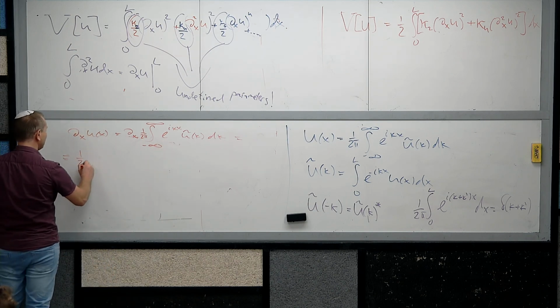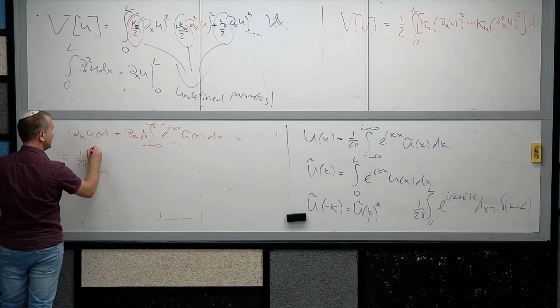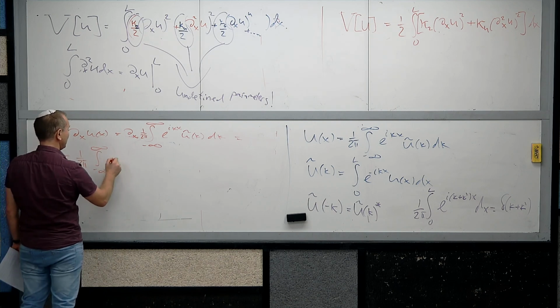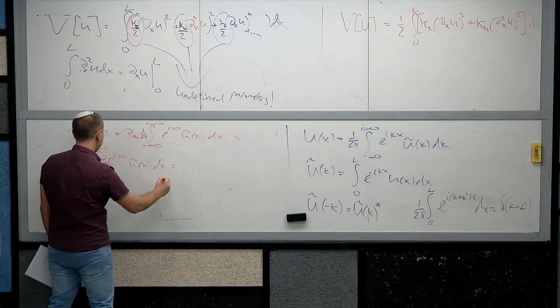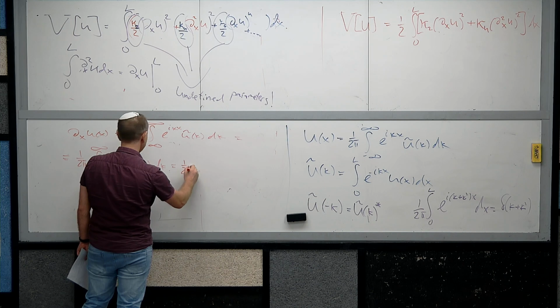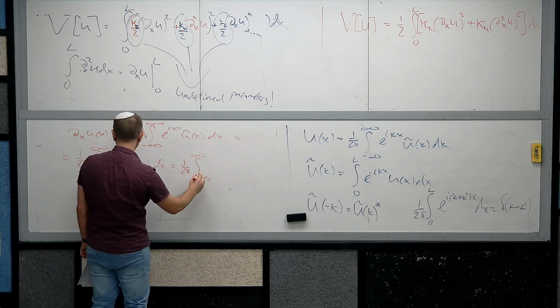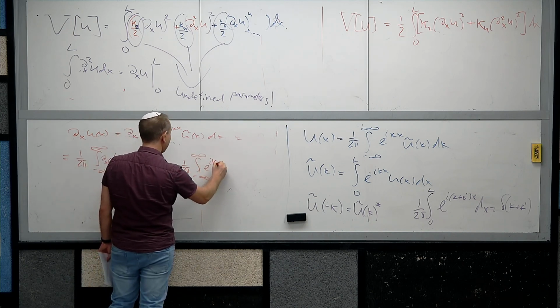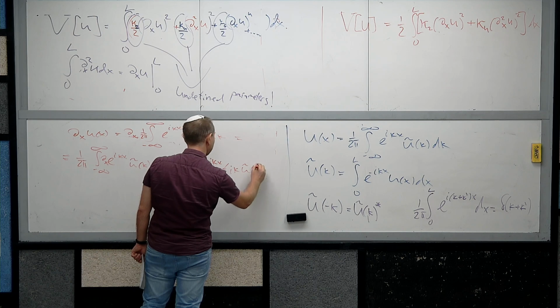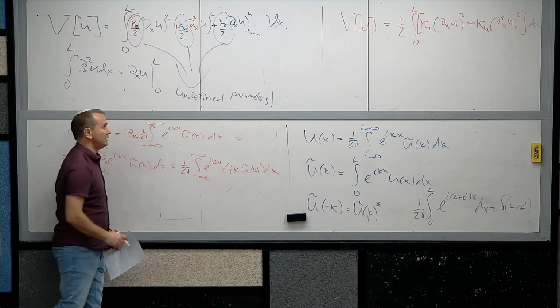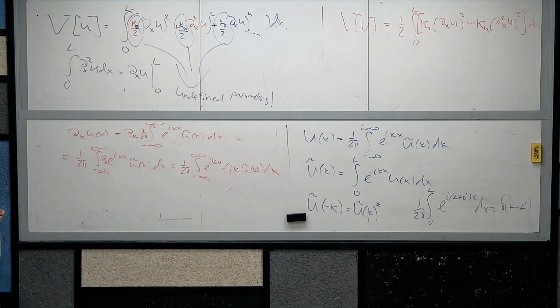So it is 1 over 2 pi integral from minus infinity to infinity of d/dx e to the i k x u tilde of k dk, and it equals 1 over 2 pi integral from minus infinity to infinity e to the i k x, and here I would have i k u tilde of k dk. We also use this identity over here, and we do it for the double derivatives, etc.